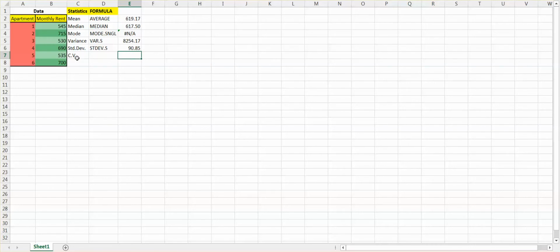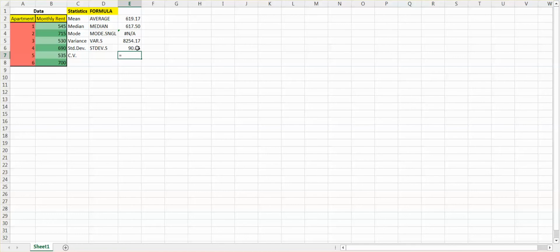Now, how can we get the coefficient of variation? I hope you still remember the formula. The formula is equal to the standard deviation divided by the mean times 100, and we will get the variation in relation to the mean. First type in equal sign, and where did we calculate the standard deviation?